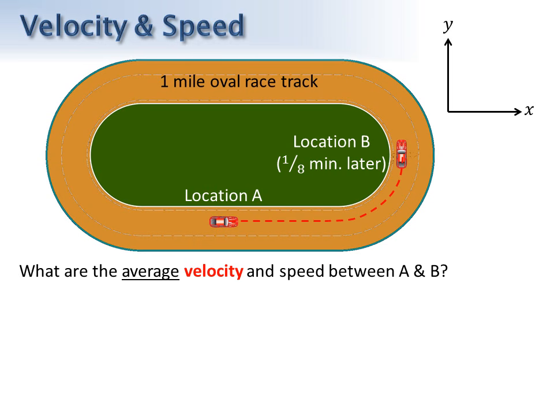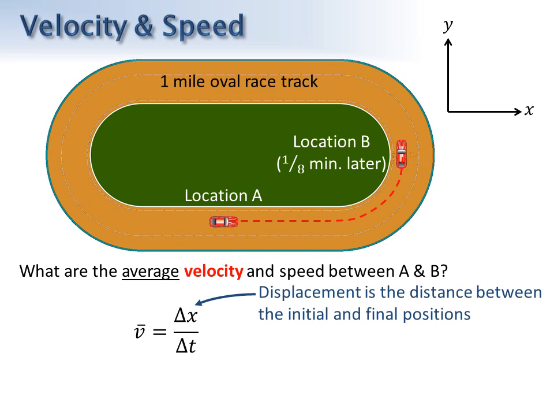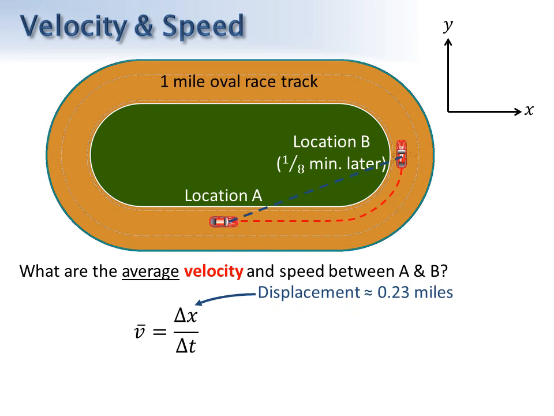So now let's calculate the average velocity. Here's the equation, where delta x is the distance between the initial and final positions. So that is a straight line distance shown here between positions A and B. Clearly this is less than the red path, the 1/4 of a mile path we had before. So let's say it's something less. Let's say it's 0.23 instead of 0.25 miles. Okay, and then the time is the same.